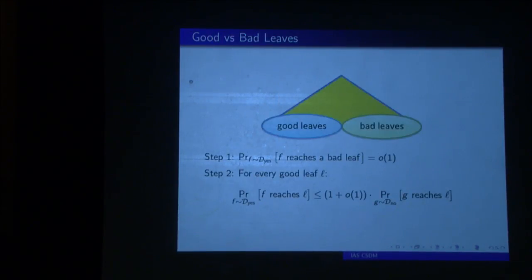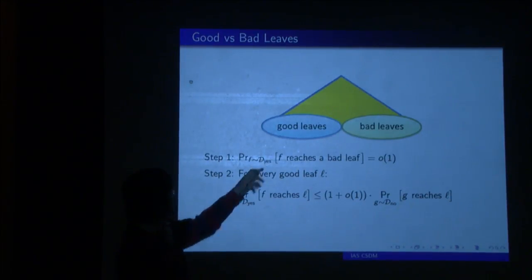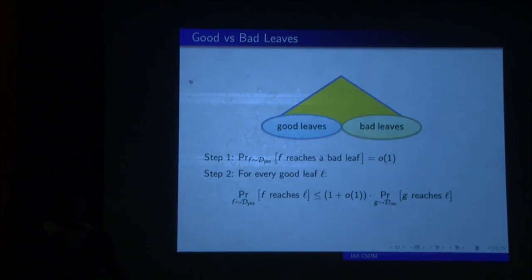In general, this is not true for every leaf. So you divide the leaves into good ones and bad ones. And you say that if F is drawn from the yes distribution, with little o(1) probability, F reaches a bad leaf. And for the good leaves, you somehow manage to prove this inequality. And then these two together will give us what we want. So later we'll define good leaves and bad leaves, and we'll prove this for the good leaves.